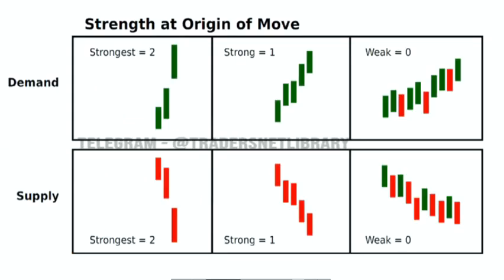Strength of the move. Max 2. How did price leave the level? A strong fashion, or a more gradual move away from the level, gives clues to the supply and demand imbalance at the level. The strongest turn in price level is where supply and demand is most out of balance.